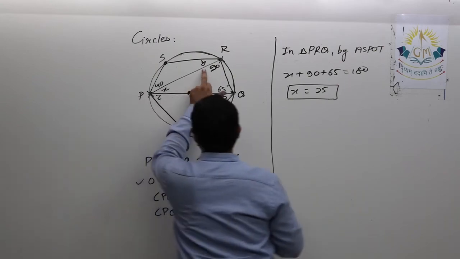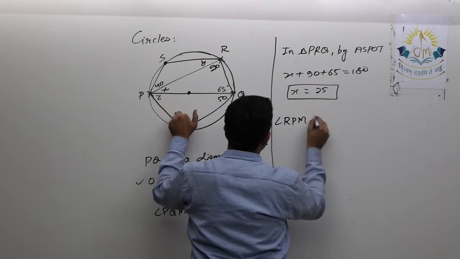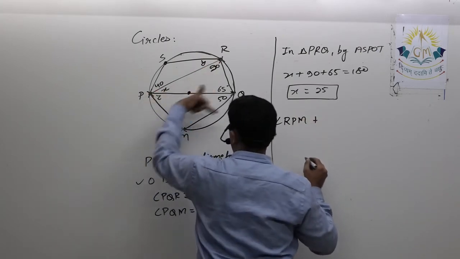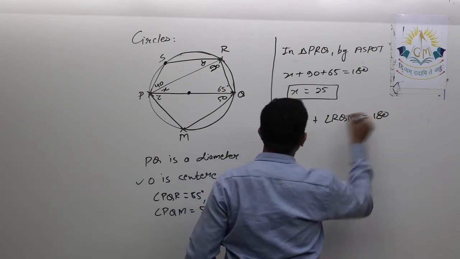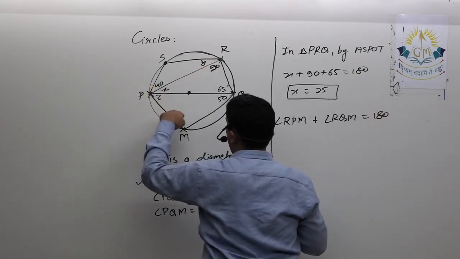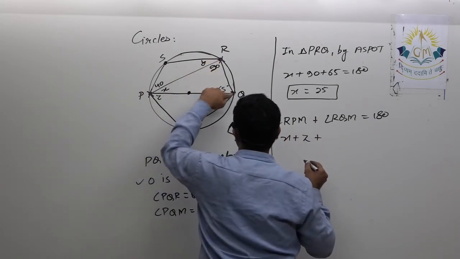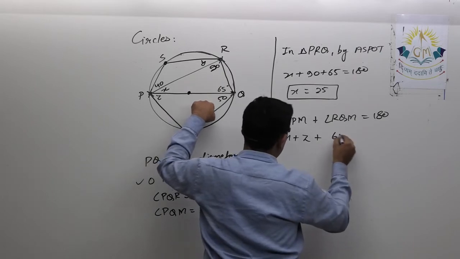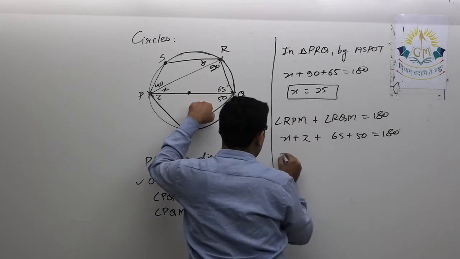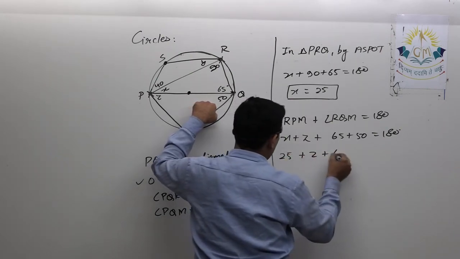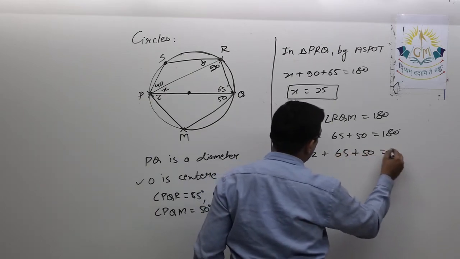So I can write angle RPM plus angle RQM is equal to 180 degrees. Now RPM is equal to x plus z, and RQM is equal to 65 plus 50. So we have already x as 25, plus z plus 65 plus 50 is equal to 180.